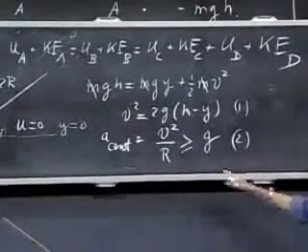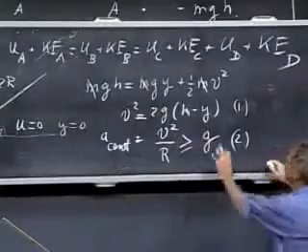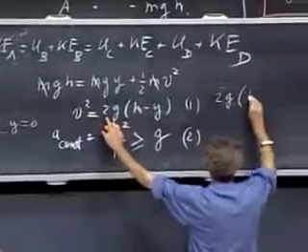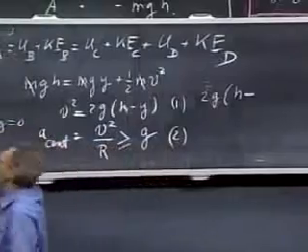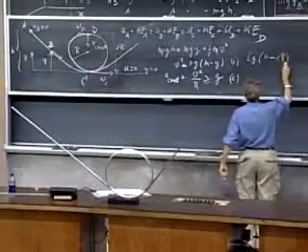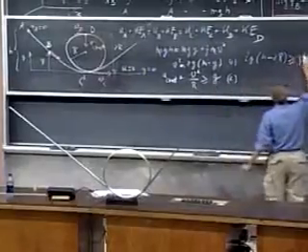So look very carefully. v squared must be larger or equal to gr. So I have here v squared, which is 2g times (h minus y), but y for that point D is 2r. So I put in a 2r, and this must be larger or equal to gr.